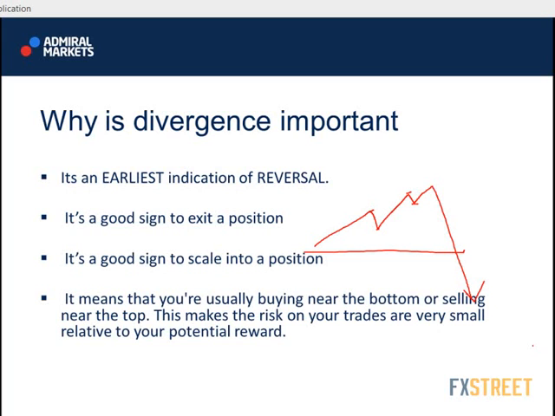I can't remember exactly, but the price went some 50-60 pips in my direction. Then I was trail stopped for some 35 pips. So when you trade divergence, you can make your target, I don't know, triple your risk, okay? But you need to use trailing stop.